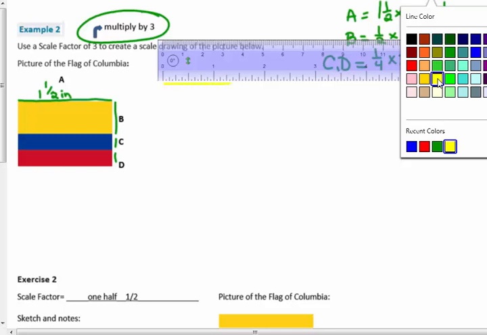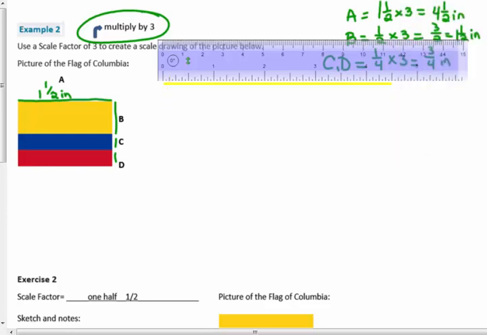So a 4.5 inch line here, a 4.5 inch line there. So my A is 4.5 inches. B has to be 1/2 inch wide, which when I multiply it by 3, I got 1.5 inches. So I have to rotate.